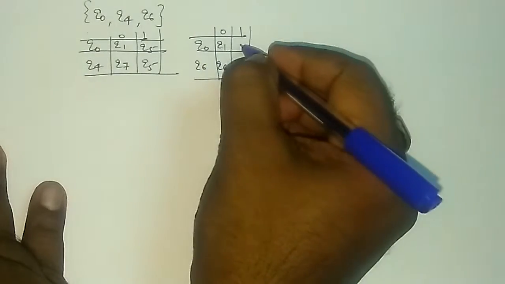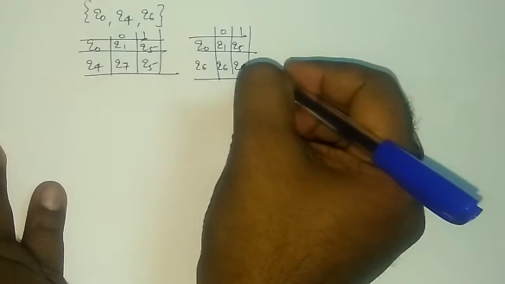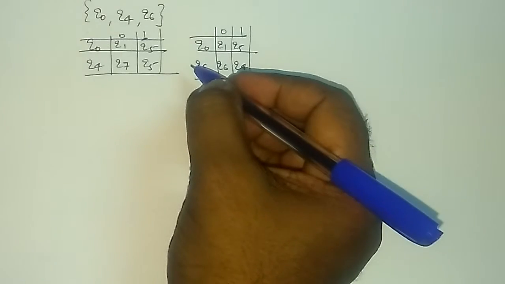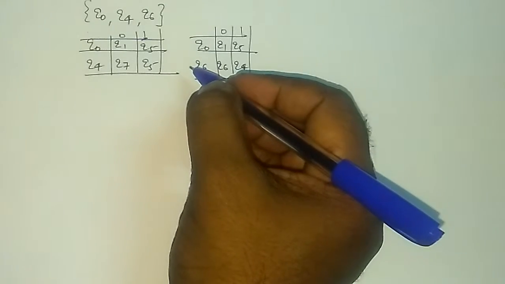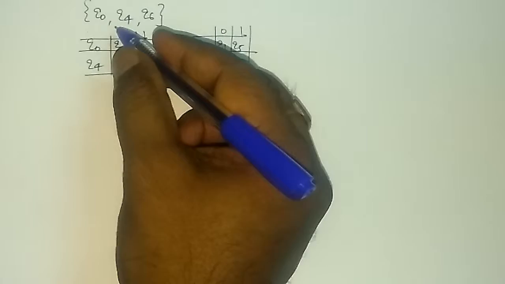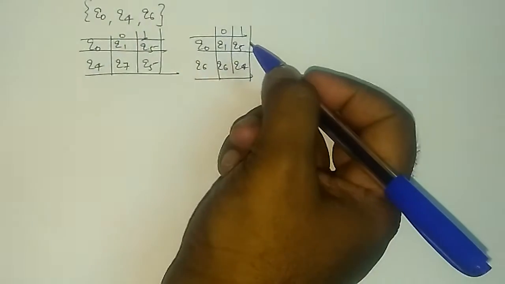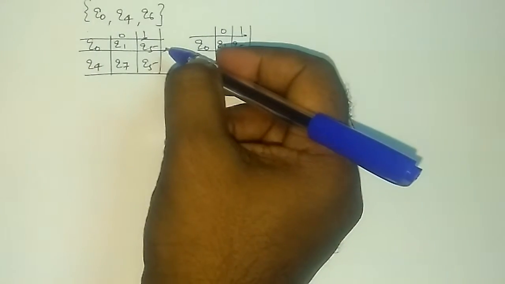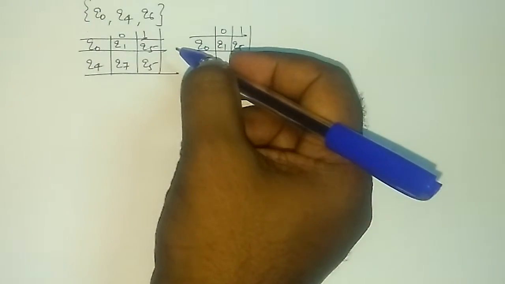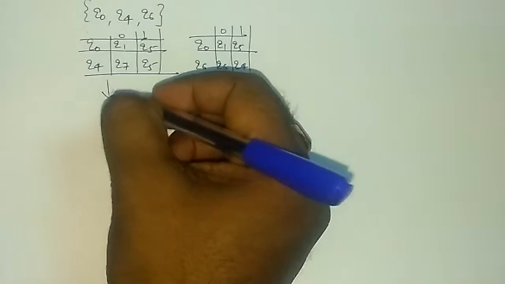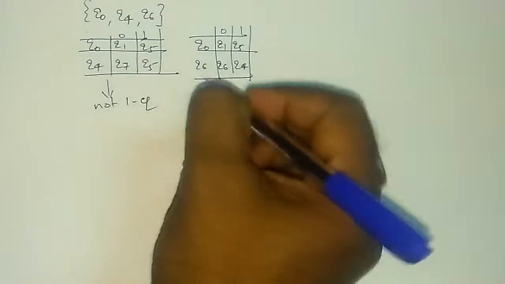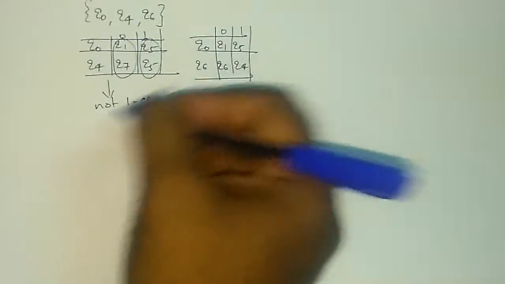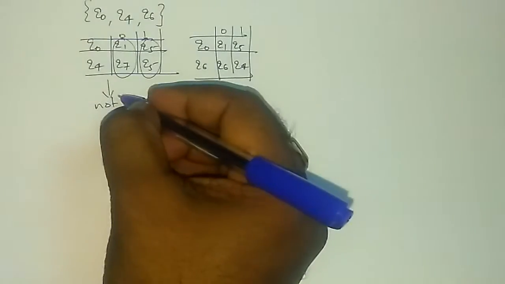Q1, Q6, Q5, Q4. Right. So Q1, Q7. So in this set, Q0, Q4 is not one equivalent. Why? Because this Q1, Q7 or Q5 is another set. So it's not two equivalent.